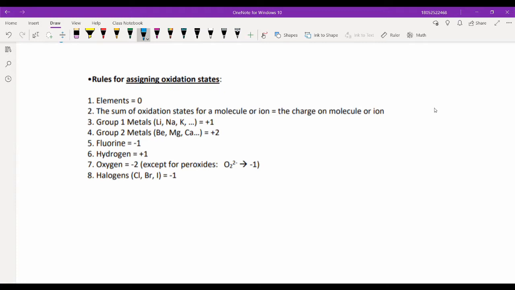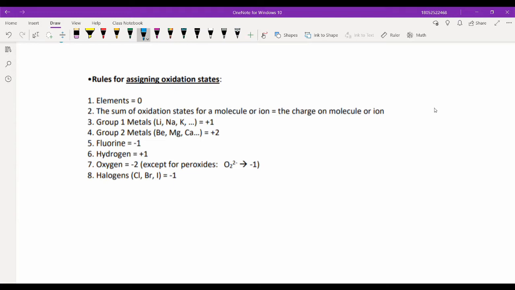In some cases, there's a slight difference. Oxidation state is a more general idea that can apply even to molecular compounds that we wouldn't say are actually ions. The rules are laid out here, and they're essentially a hierarchy.